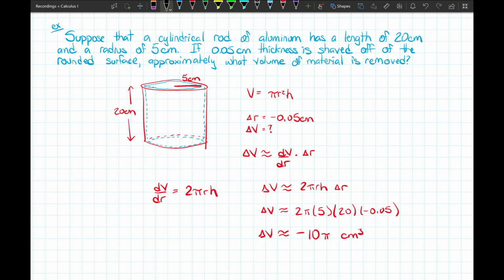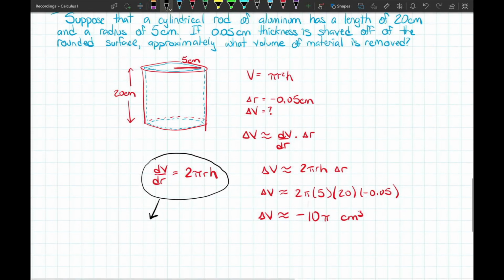Now, it's this idea that allows us to take what this Leibniz notation really means and extend it. This equation dV by dr equals 2 pi rh. What we can really do with that is treat that dV by dr as though it's a fraction.